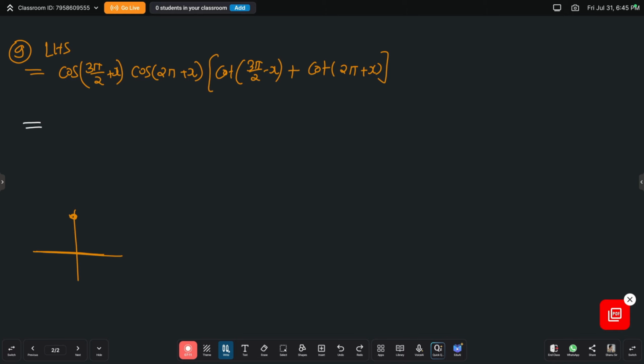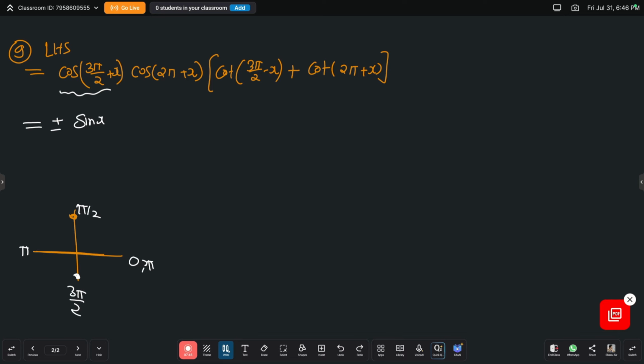Tell me first, cos(3 pi by 2). Where is 3 pi by 2? 0, pi by 2, pi, 3 pi by 2, then again 2 pi. The ratio changes, so cos changes into sin. So the answer is sin x, but positive or negative according to the quadrant. 3 pi by 2 is exactly here, and plus means anti-clockwise.